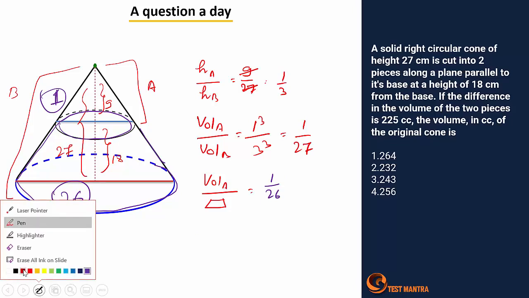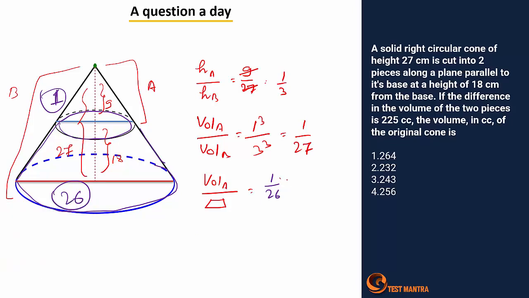Now if I am assuming 1 and 26, the gap between them is nothing but 25, but I want the gap, according to the question, to be 225. So this is nothing but 9 times here. That means all the figures should be multiplied by 9. I'll multiply this with 9.